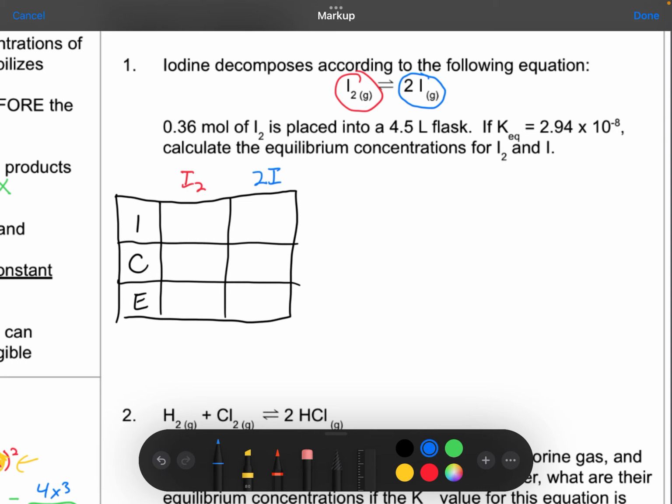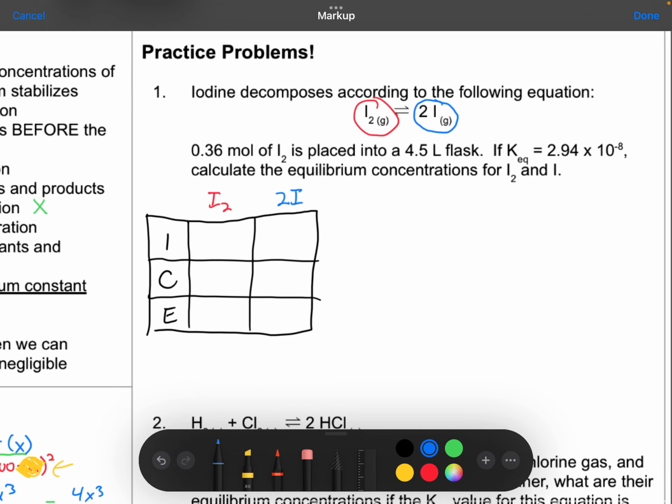Now, I have to interpret my problem a little bit. It says 0.36 moles of I2 is placed into a 4.5 liter flask. So in this problem, it's a little bit different because we're not in a 1 liter flask anymore, which means we need to figure out the concentration of our I2. So I'm going to use my red color. I'm going to do that math up here. Again, we know that molarity is equal to moles over liters.